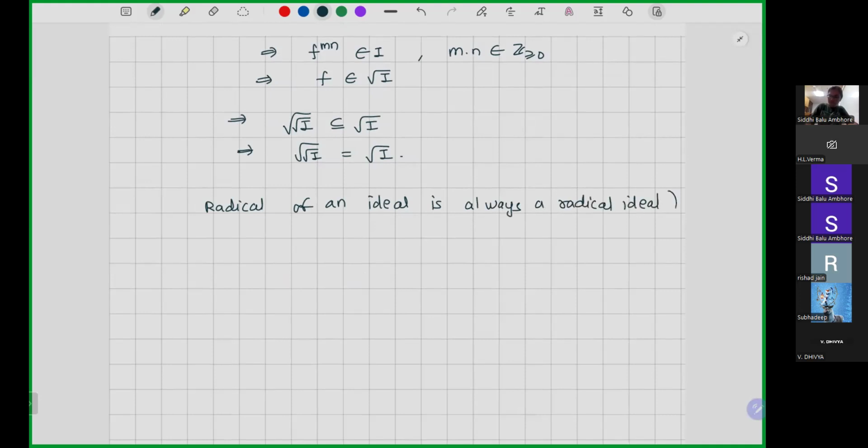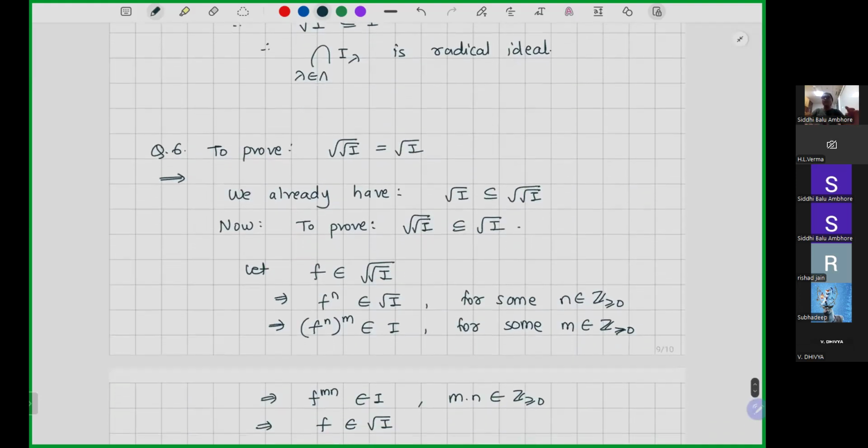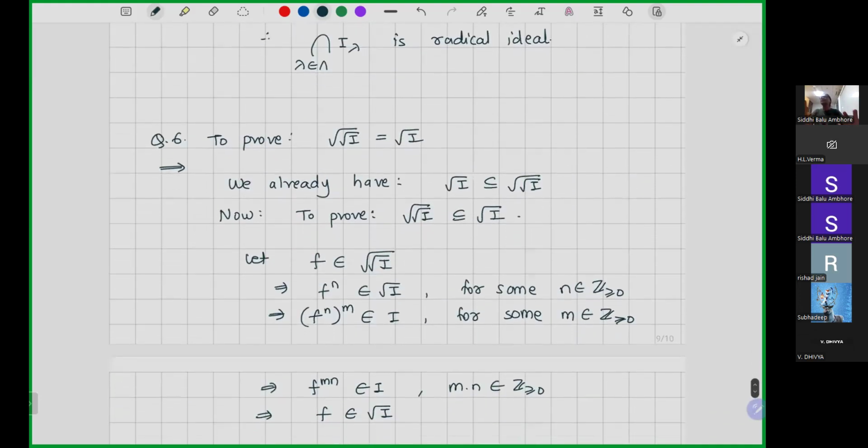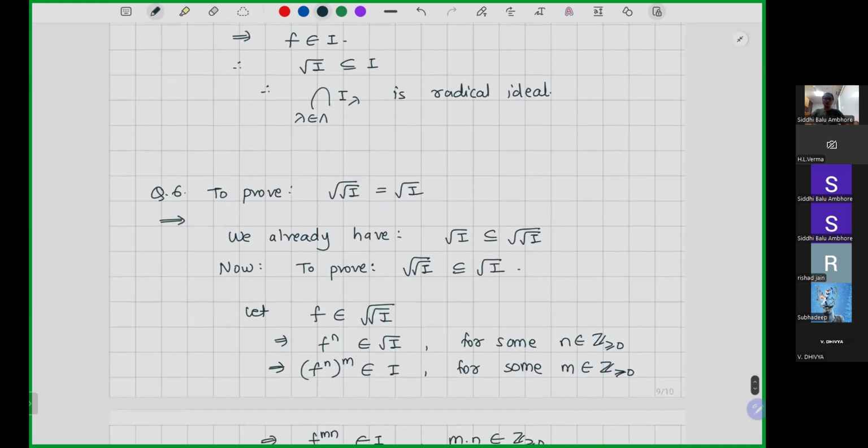This is something which we did here. Okay, so what you said is again correct for finite steps, but this is the takeaway from this, that the radical of a radical ideal is always a radical ideal, because what is this? This implies that it is a radical ideal, right? By definition. Is it okay?